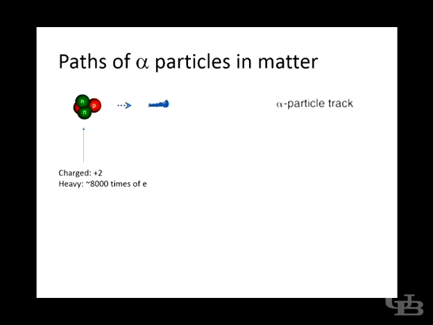Okay, so now let's look at the characteristics of highly charged particles interacting with matter. Here is an illustration of an alpha particle. An alpha particle is the nucleus of a helium atom, so it has 2 protons and 2 neutrons.